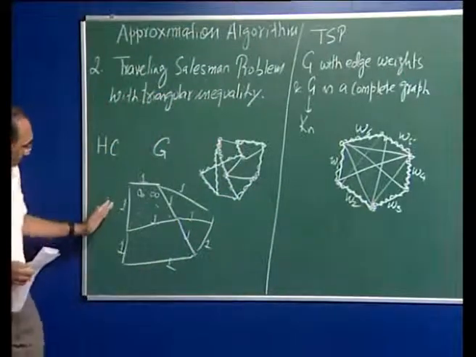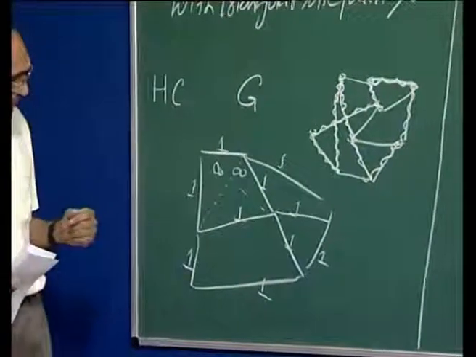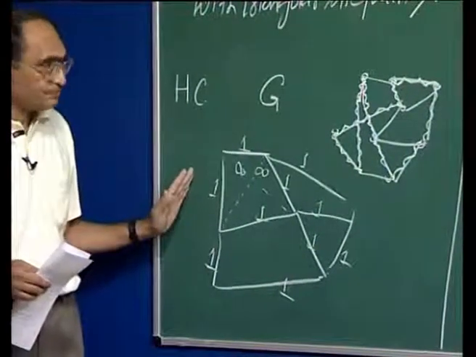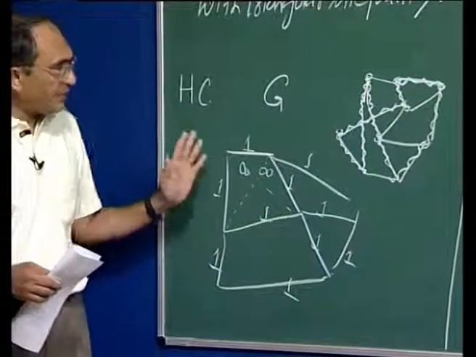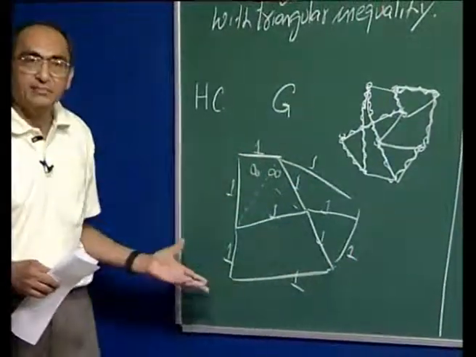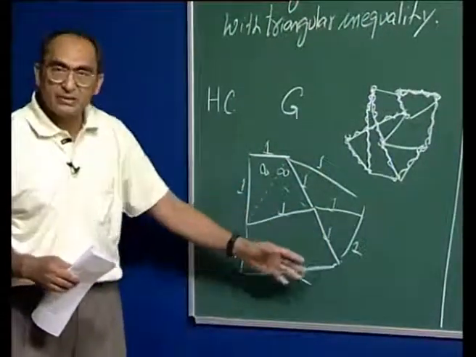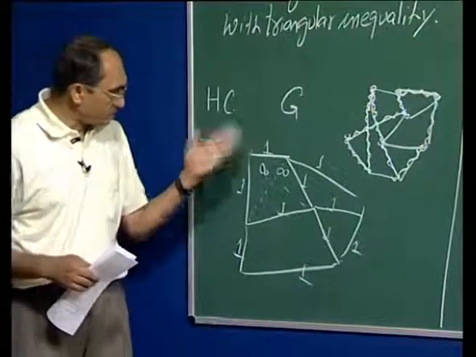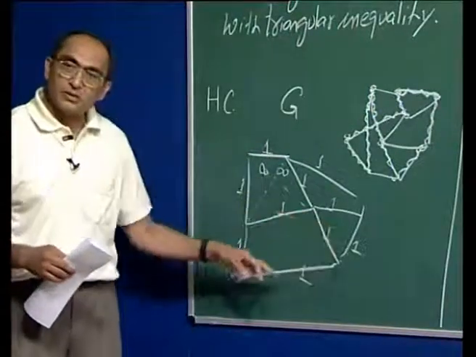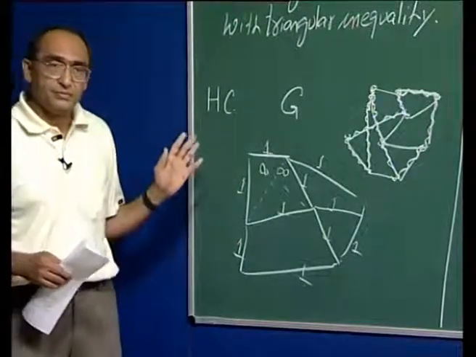Find the optimum solution of this TSP. If there is a Hamiltonian cycle, we know that there exists a cycle with weight n, because there are n vertices on it, n edges on this cycle, each has unit weight. So, there will be a solution with weight n, otherwise the weight will be infinite.